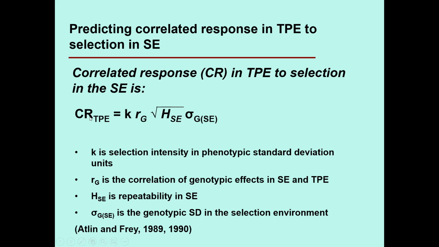So correlated response in the TPE to selection in a selection environment is a function of selection intensity in the selection environment, the genetic correlation between the selection environment and the TPE, heritability in the selection environment or repeatability, and genetic variance in the selection environment. So this allows you to think about how to maximize that correlated response. And all of these parameters can and should be estimated.